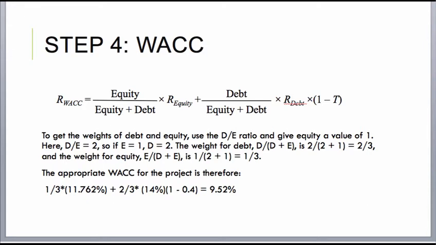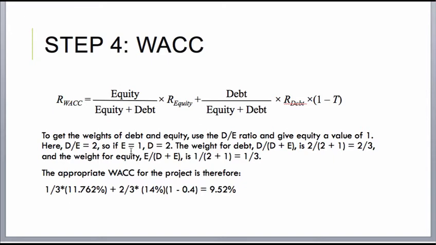The last step is to calculate the WACC of the project. The WACC equals the weight of equity times the cost of equity, plus the weight of debt times the after-tax cost of debt.